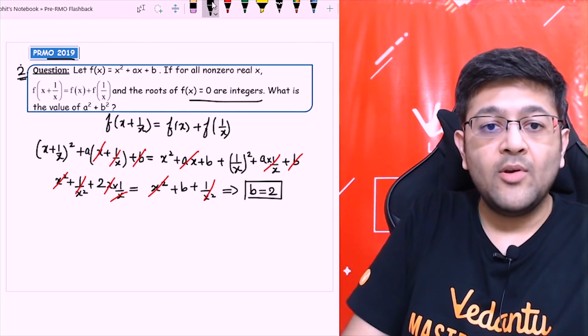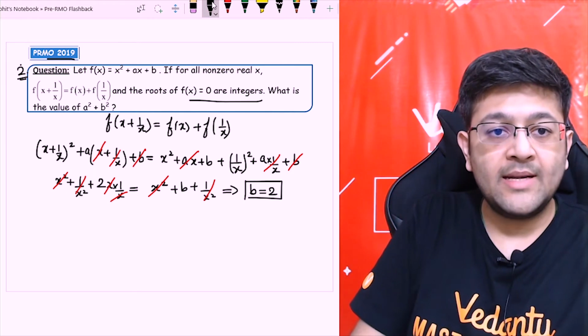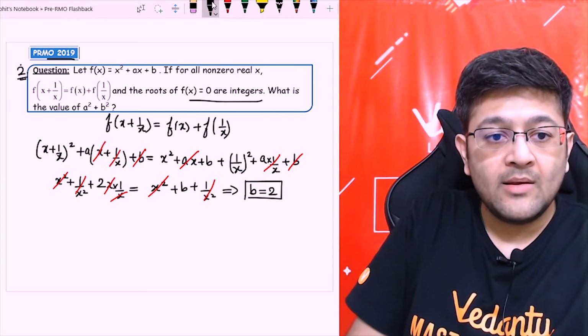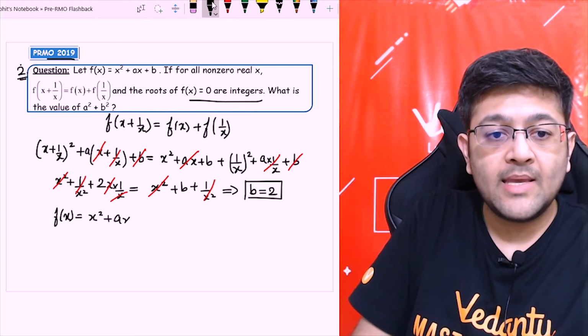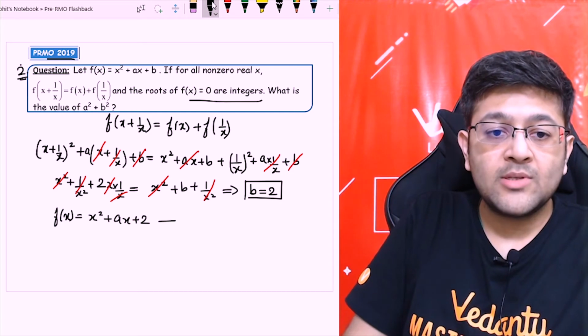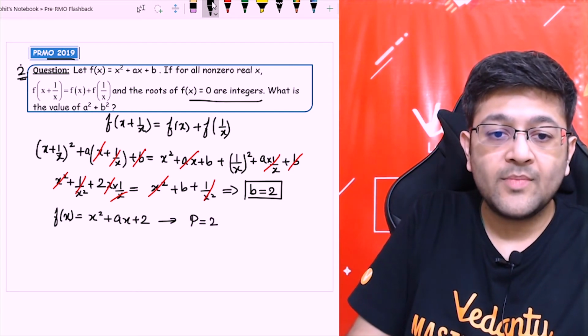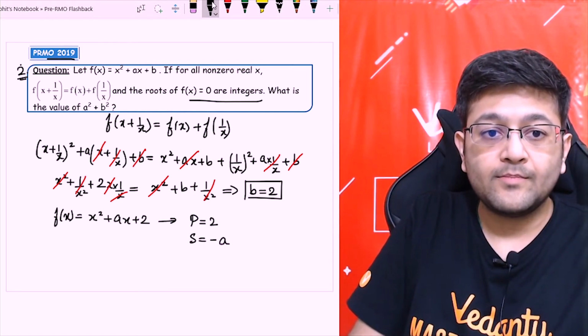So now we also know that f of x equal to 0 has integer roots, right? So let's put the value of b in f of x. So f of x will be x square plus ax plus 2, right? So the product of roots is 2, and the sum of roots is minus a.